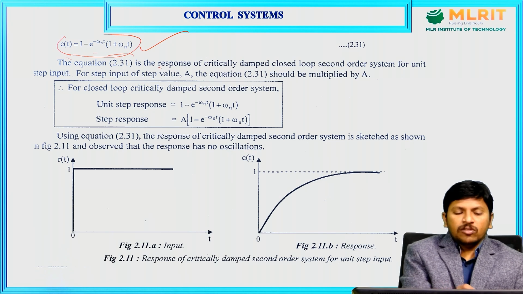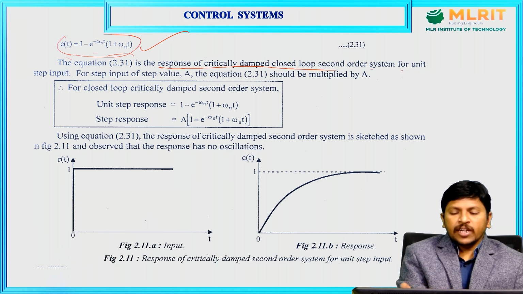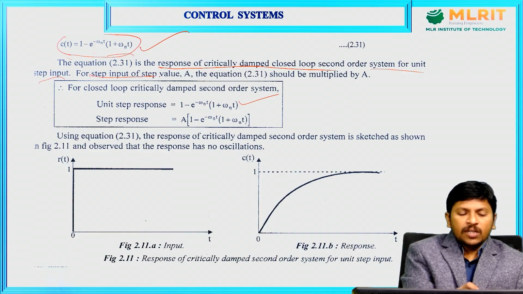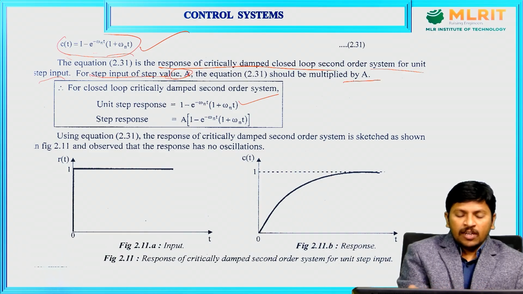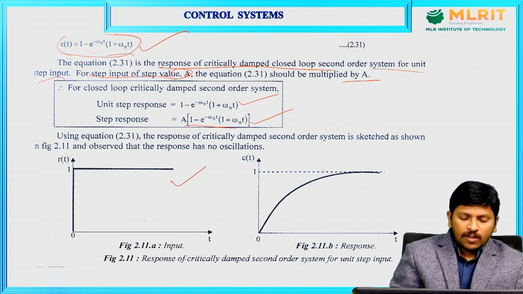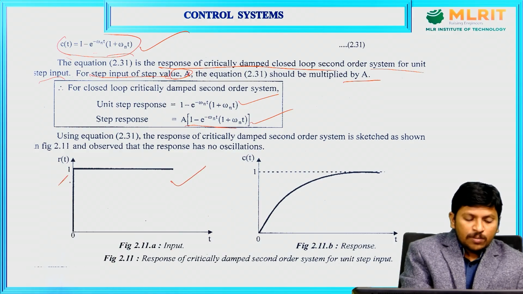The response of critically damped closed loop second order system for unit step is this one, 1 minus e power of minus omega n t of 1 plus omega n t. For step input, step value a is multiplied in this equation, so this one is the step response. And for unit step, this is the unit step signal. Input signal is a unit step, 0 to 1.